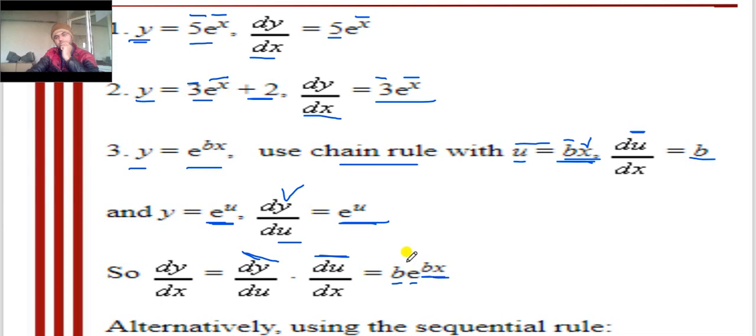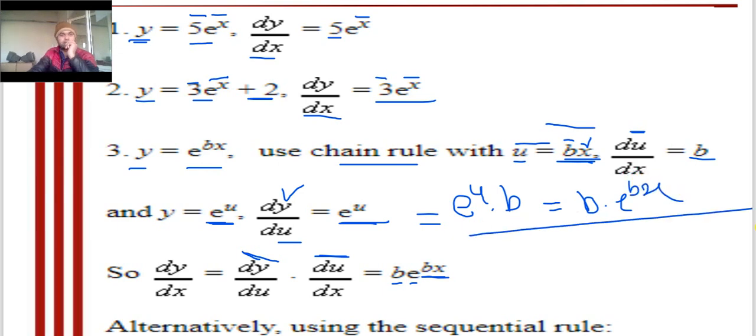So we put the values of e to the power u. So this will be e to the power u into b. So we write b in the front side, and e to the power u. The value of u is bx. So we write here bx.